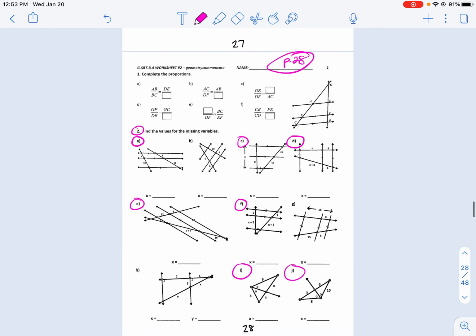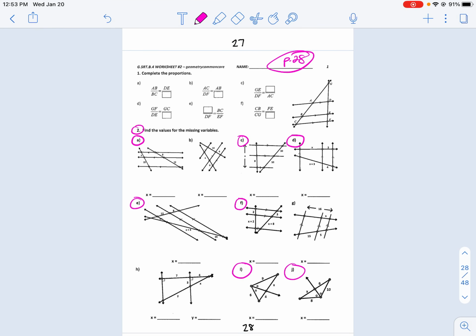Not everyone on this page. G you can skip, H you can skip, E you can skip, and all this you can skip. Okay, so if you need to take a picture of this, if you don't have the packet, go for it.